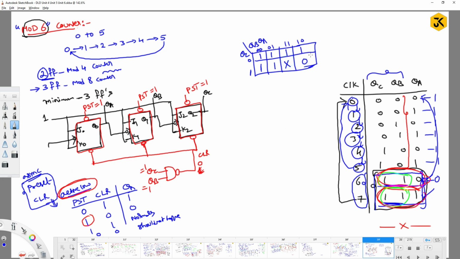Yes. So what we can do now is combine these two into a single group. See guys, as it is active low, I am going to construct the product of sums. It should be opposite, right? So what is not changing? Only QB is not changing.